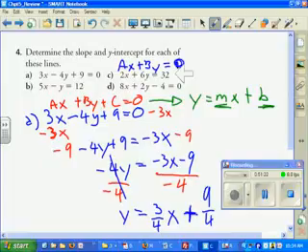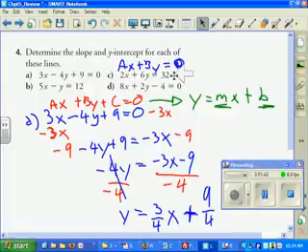This one, what's that? C is in this one, and D is in this one. B is in this one. Okay.